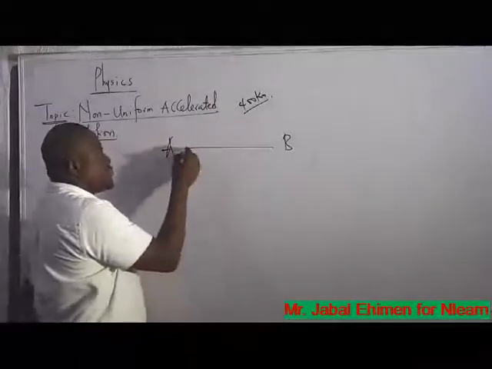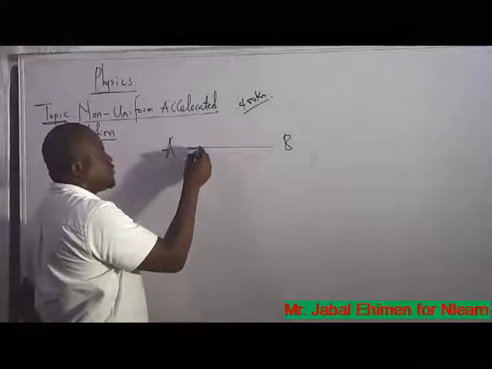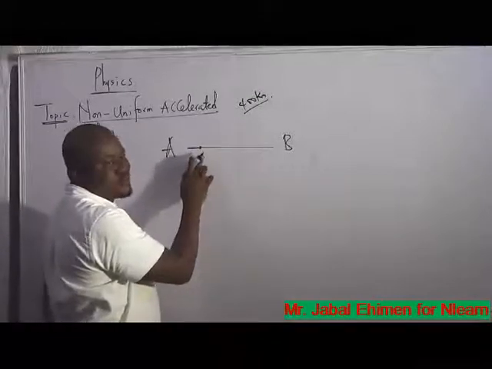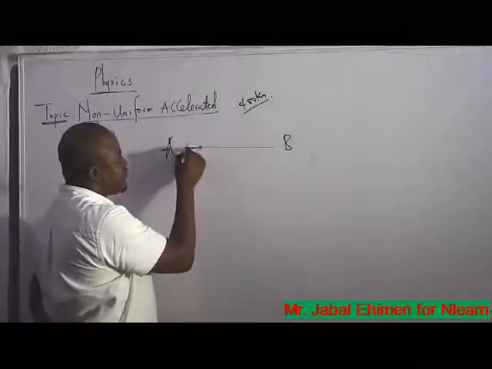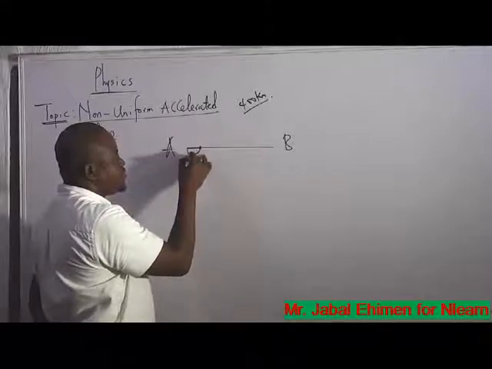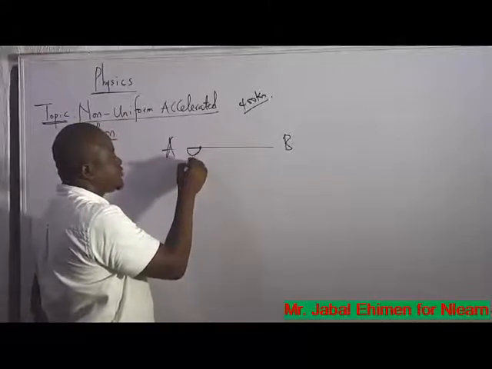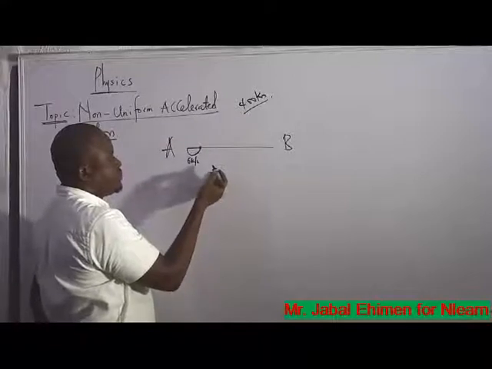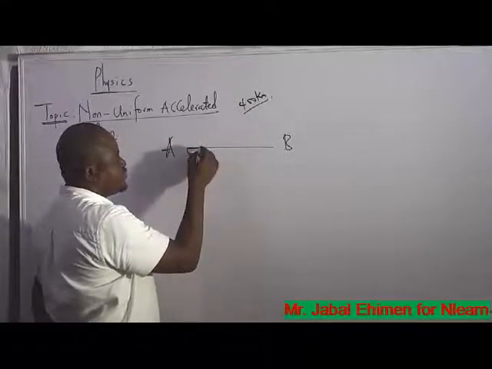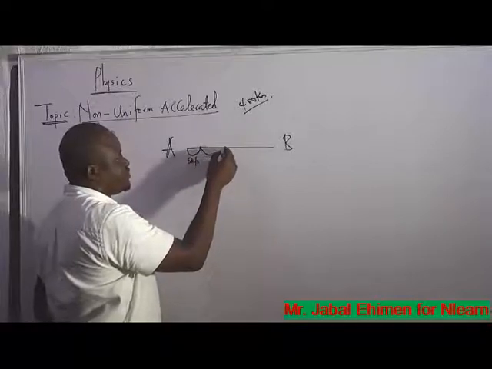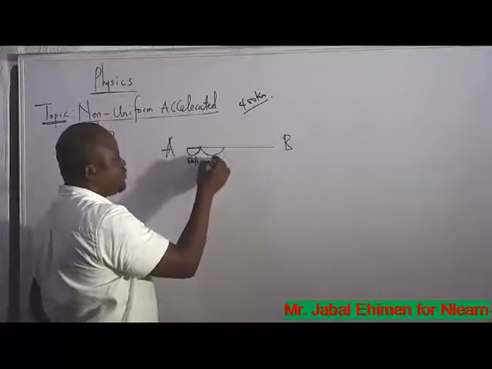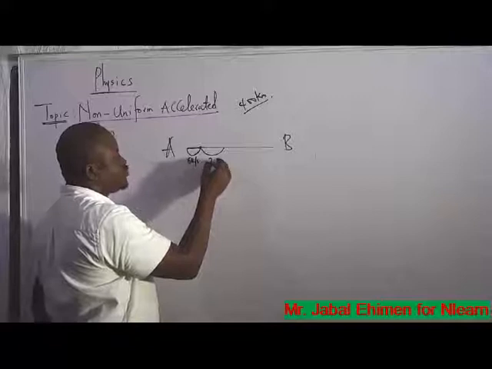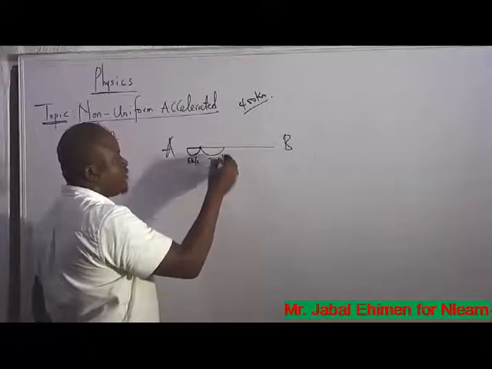Maybe when you get to this place, you apply brake and you slow down. Maybe from here to here you are doing 6 kilometers per hour. Maybe you get to this place and you are faster, maybe here you are doing like 7.2 kilometers per hour.